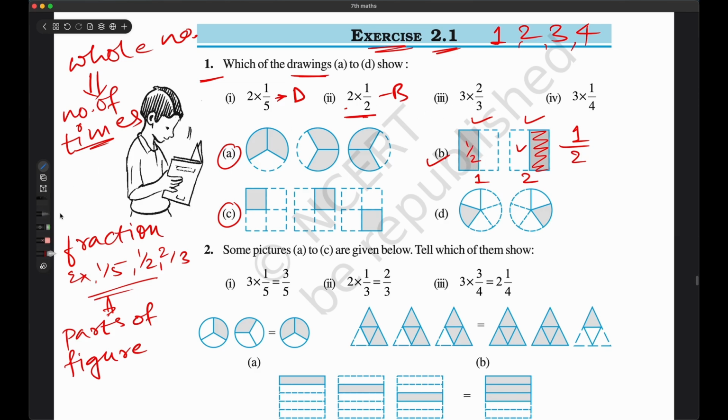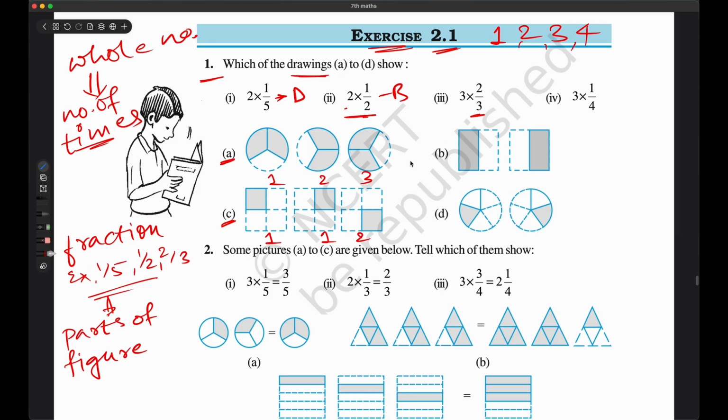Now option number 3, that is 3 times 2 by 3. So option number A and option number C show that we repeat 1, 2 and 3 times. So option number A or option number C will be correct. Now the parts that they are taking are 2 by 3.